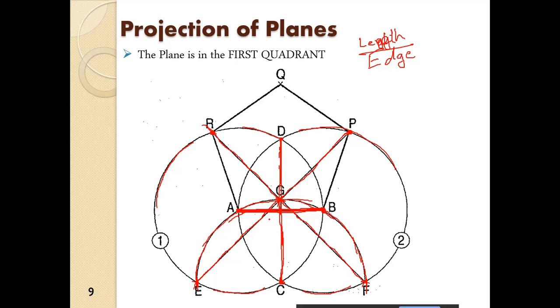Again now with AB as radius and R as center, you make an arc here, and again AB as radius and P as center, you make an arc here, so you get the point Q. So you join the points A, R, Q, P and B to get the pentagon.